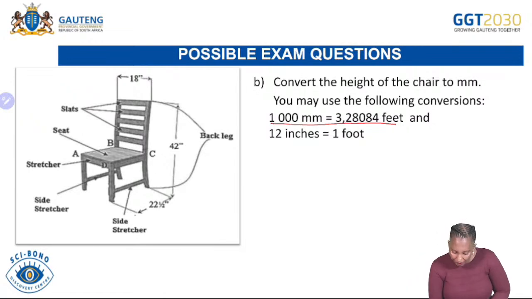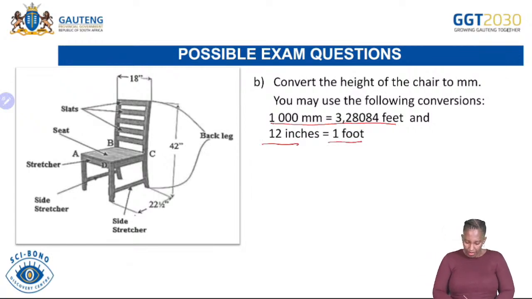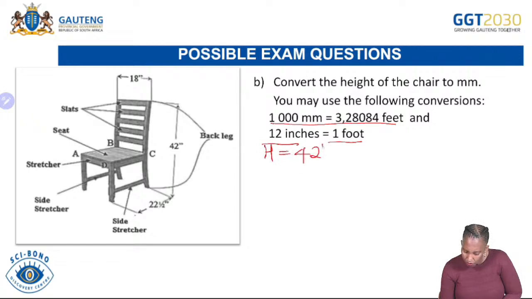And then 12 inches is equal to 1 foot. Now, what information are we given? They are saying to us, we need to convert the height of the chair. What is the height of the chair? The height of the chair is 42 inches.